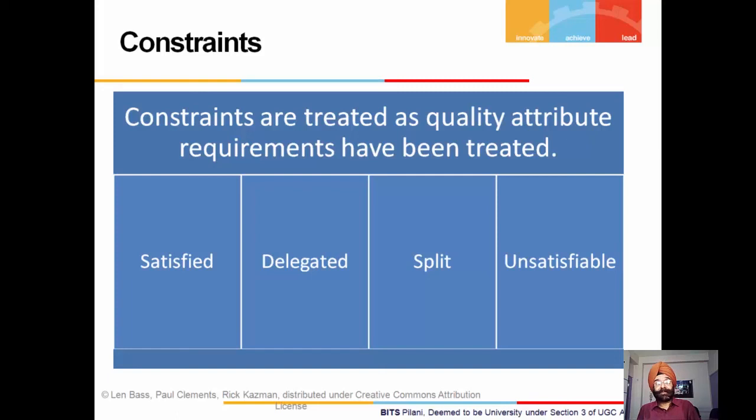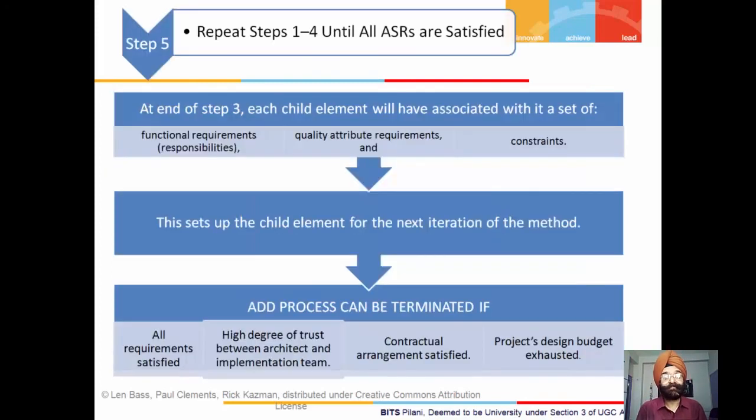There are some decisions you may have delegated to child elements. Well, if you've delegated to child elements, as far as this element is concerned, you treat it as a constraint. Don't break your head about it. If you split it into two units, again, if one of the two split is not the unit you're looking at, it becomes a constraint. And then, if you have taken a decision that certain things cannot be satisfied, it is not satisfiable, you've got it cleared with everybody involved, you put it down as a constraint and we don't try to look at it.